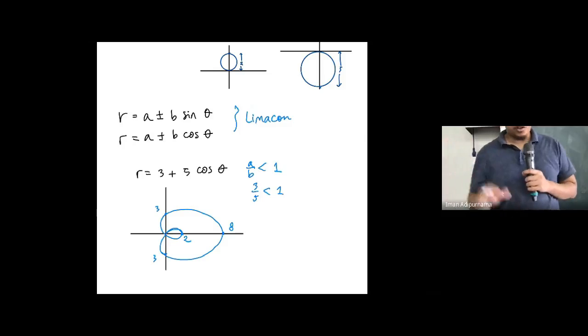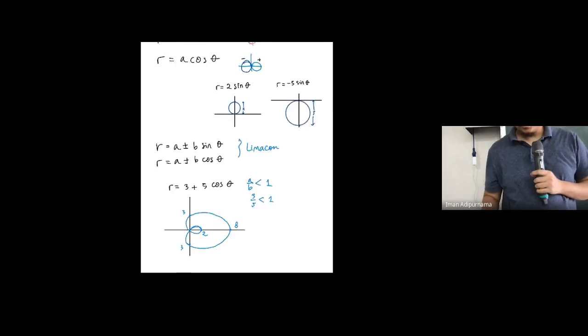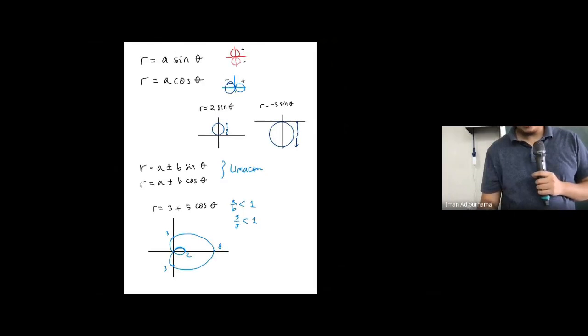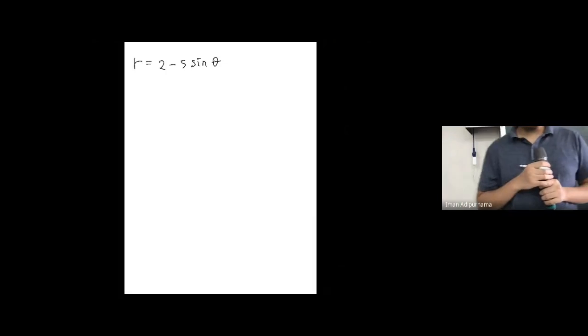Okay, maybe one example is not enough. Let me give you another example. R is 2 minus 5 sine theta. Okay.